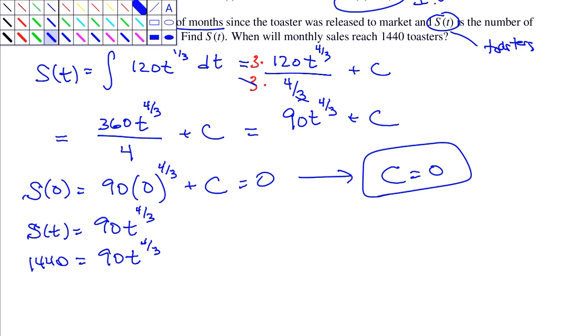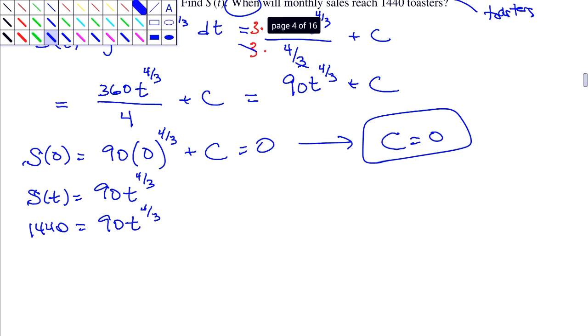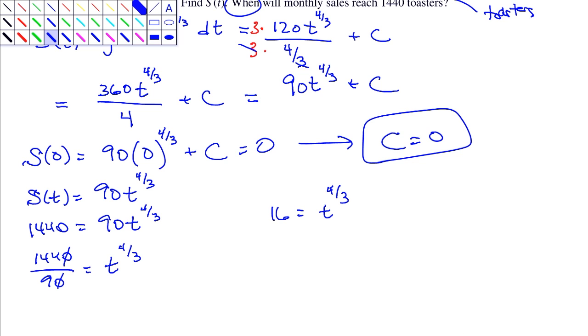The question asks for when. When is a time period, so that's asking for the number of months. And so we solve this equation for t. So 1440 divided by 90 is equal to t to the 4/3. Let's see. 1440 divided by 9 is 16? Yeah. So 16 is equal to t to the 4/3.